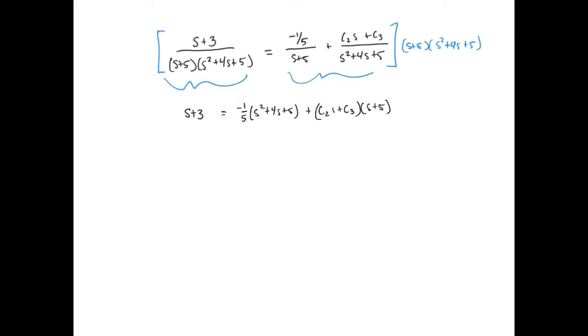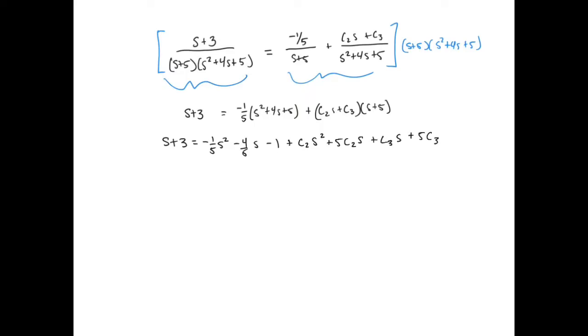So if we expand all of these, what we end up with is s + 3 equal to negative 1 over 5 s² minus 4 over 5 s minus 1, because this would be negative 1 over 5 times 5. Then you end up with plus c2 s² plus 5c2 s plus c3 s plus 5c3.